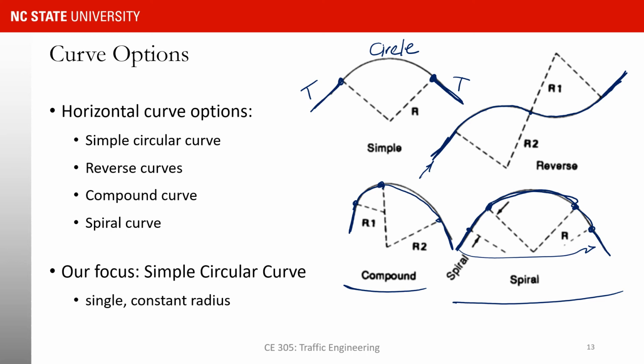And the reason that we use a parabola is that if you directly connect a tangent to a circle, like what we have here, you're gonna have to instantly turn the steering wheel at this point. But the spiral provides us with a smooth transition from the curvature of a tangent line.